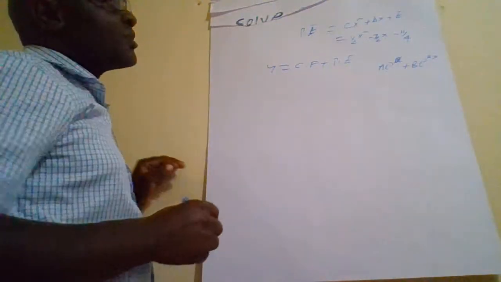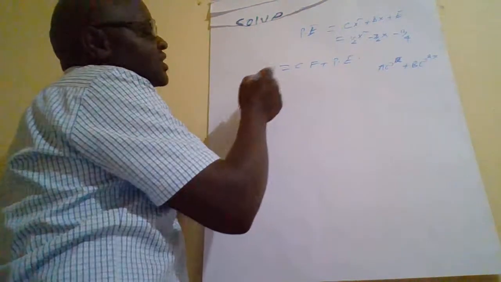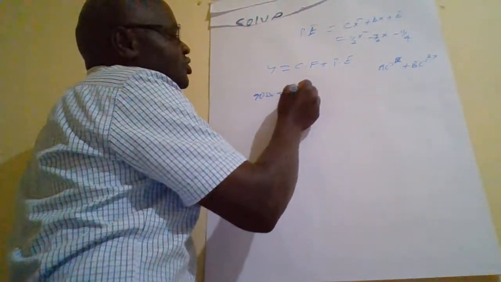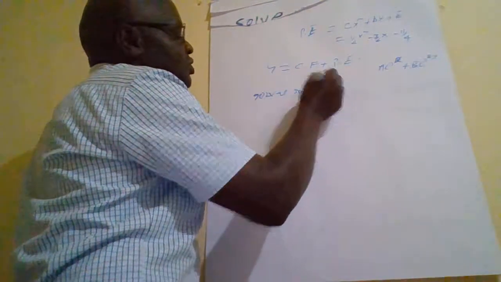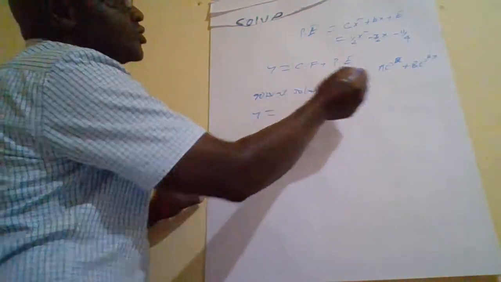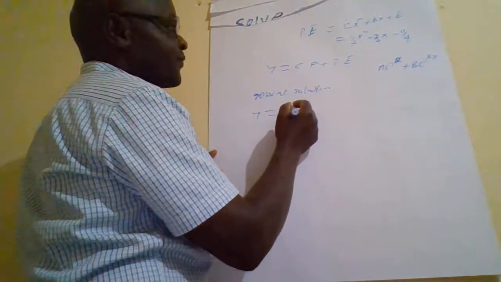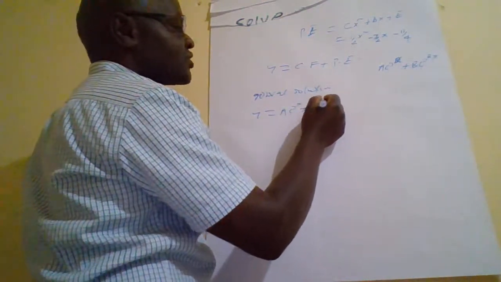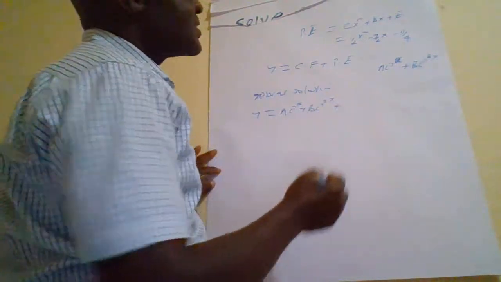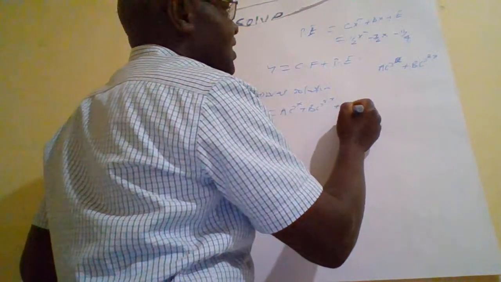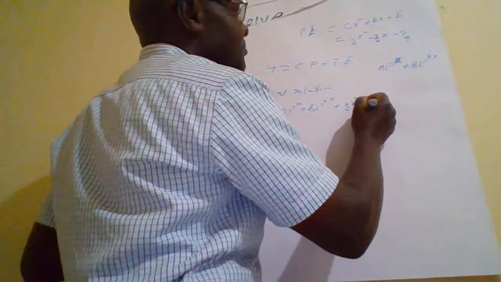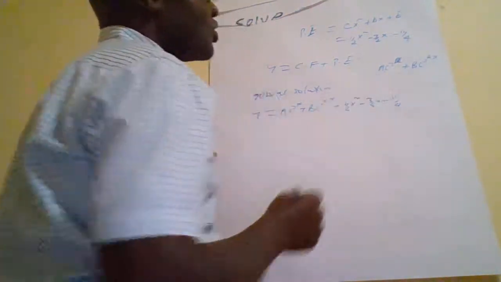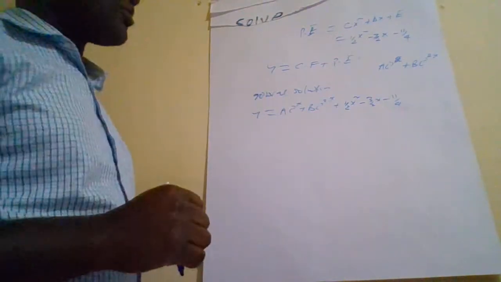That was our complementary function. Therefore, the general solution y will be equal to A e to the x plus B e to the 2x, then plus the particular integral, which is a half x squared minus 3 over 2 x minus 11 over 4.